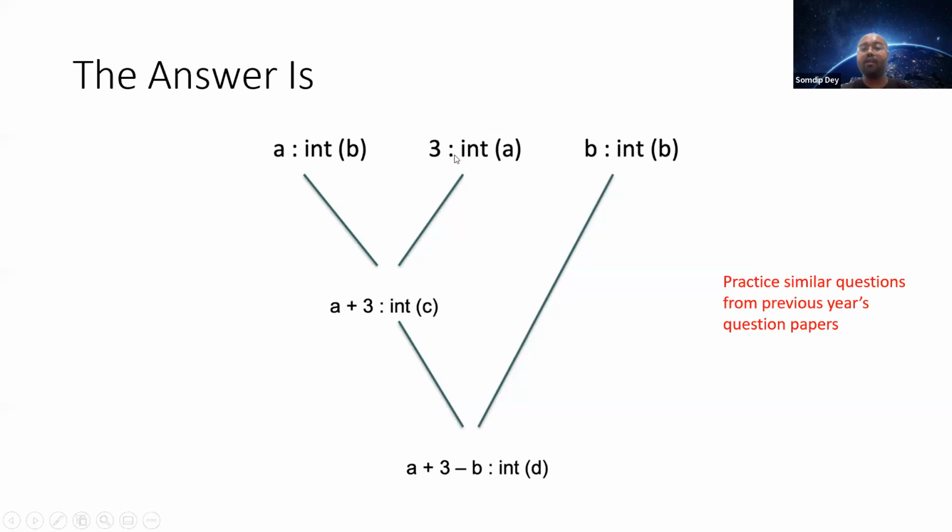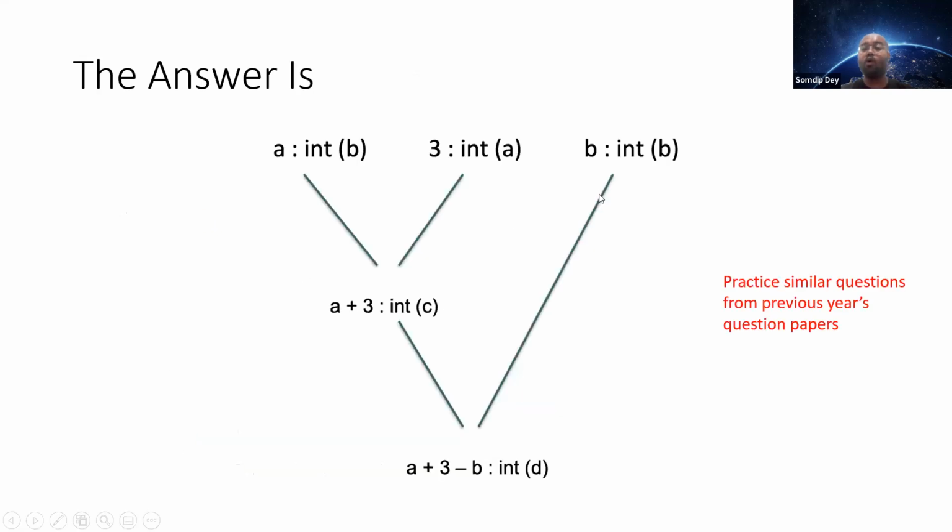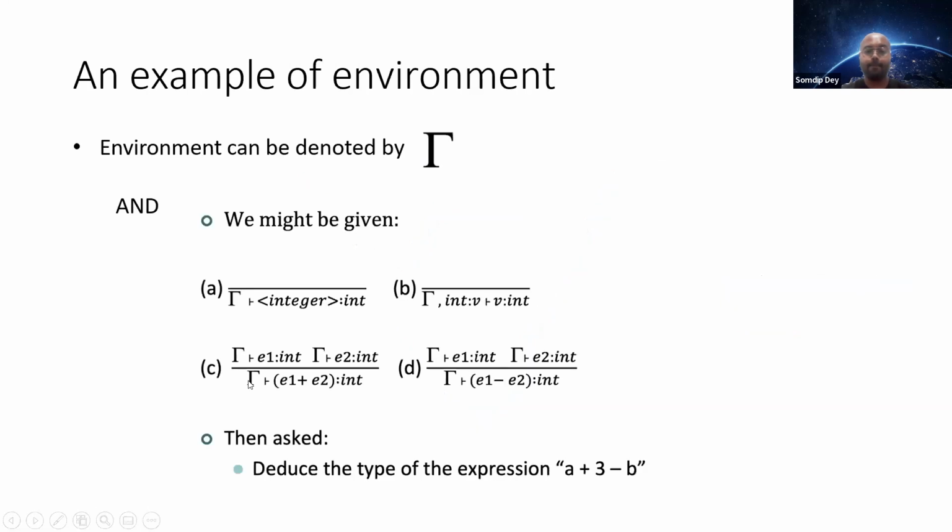Then the second part, which is 3, is of type integer depending on rule a, which is provided. And you go on like this until you finally deduce the type of the expression, which is basically int, because it conforms to the type rule provided in D.